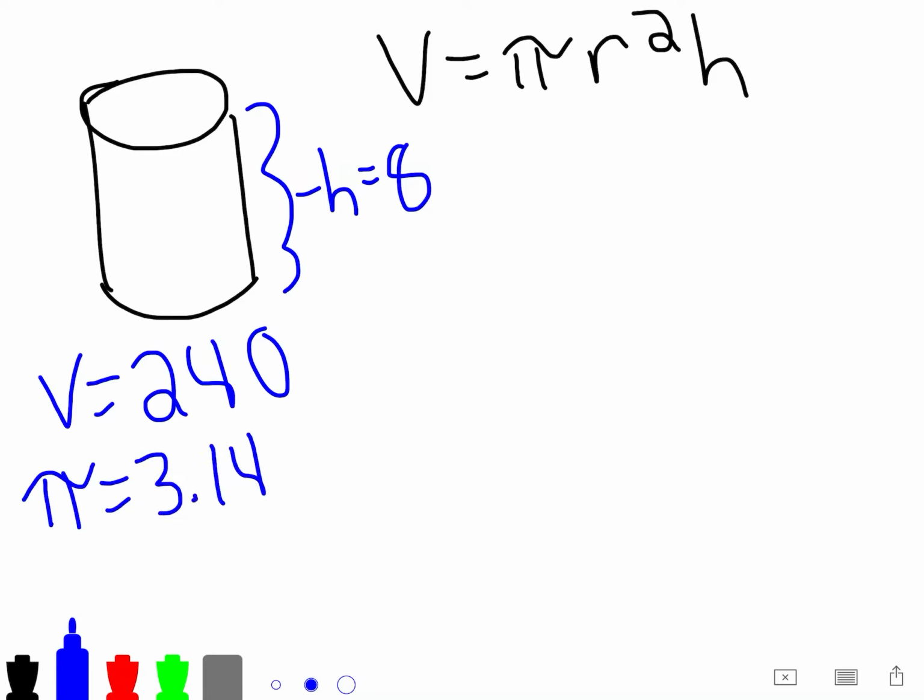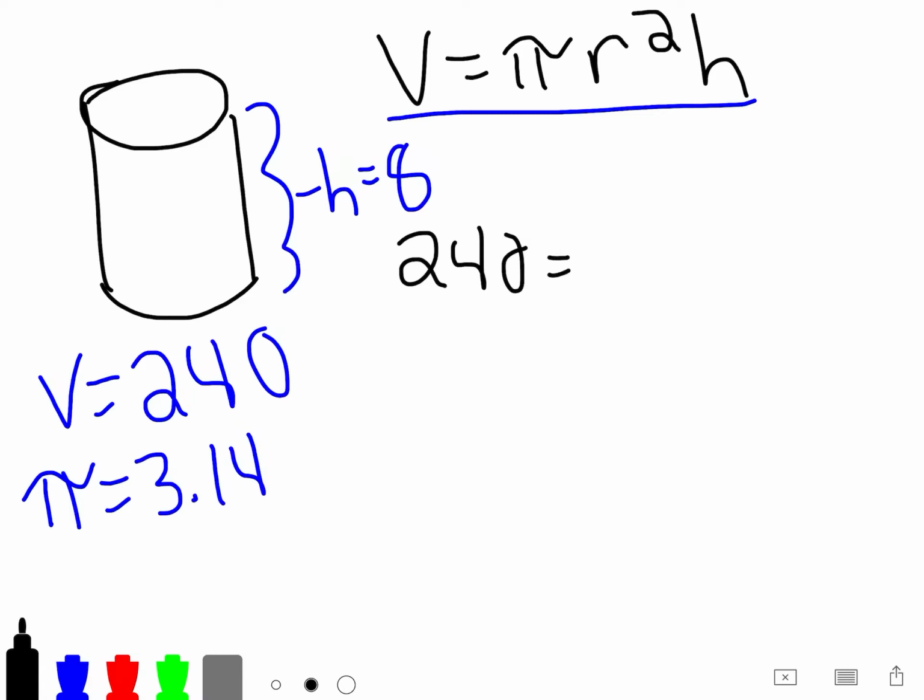So what you do is you substitute that in our equation, volume equals pi r squared times h. So we said volume was 240, and that's going to equal pi, which is 3.14, times radius squared, times height, which is 8.